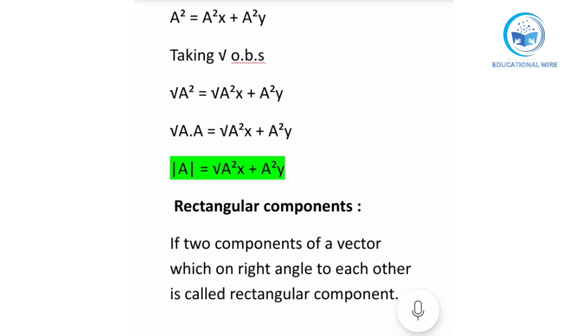If two components of a vector are at right angle to each other, they are called the rectangular components.